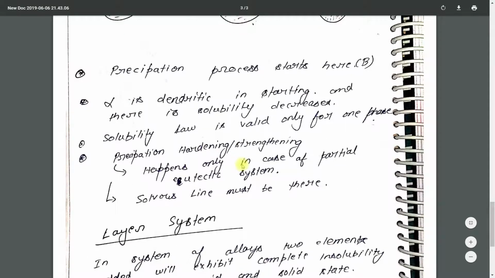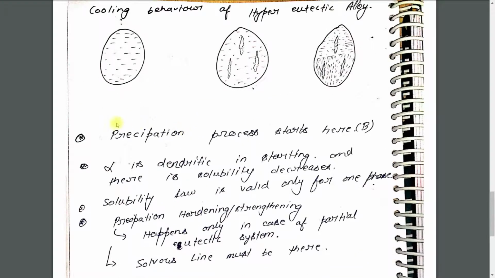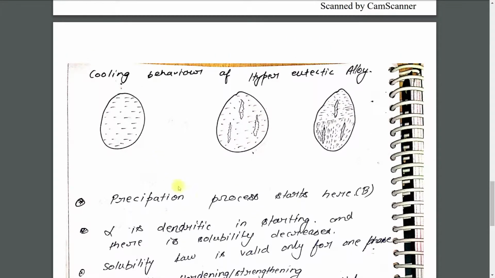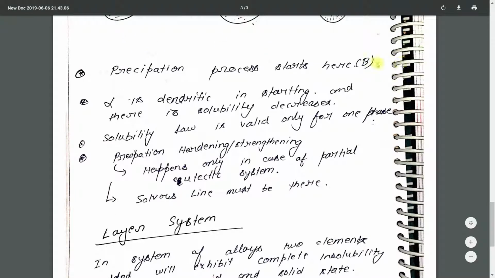Okay, and significance of this diagram. Here when temperature gradually goes down, precipitation process starts here. Okay, when in the case of alpha there is a precipitation formation of beta, in the case of only hypoeutectic.